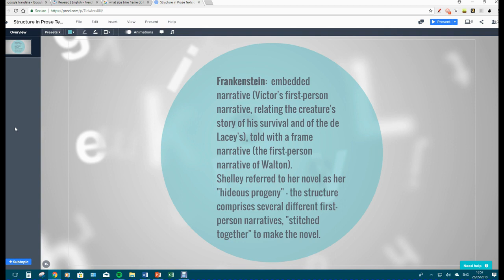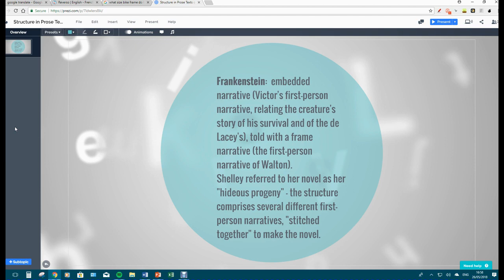What's quite interesting is that Shelley referred to her novel as her hideous progeny, and many critics have said that you do have this structure which is very much like the creature itself, pieced together with different first person narratives, none of them complete, a sense of the non-linear, very much like the creature.